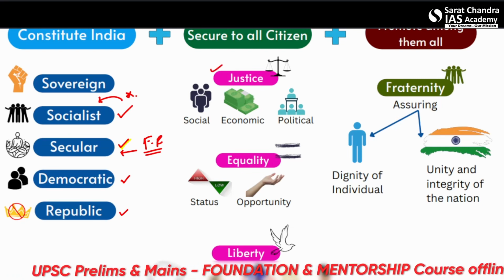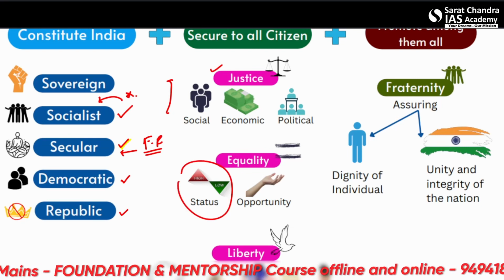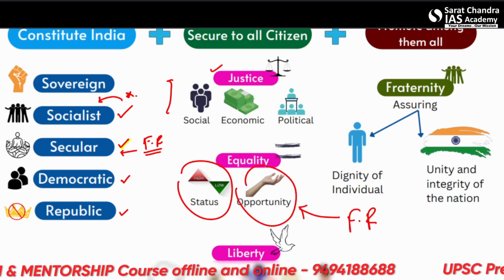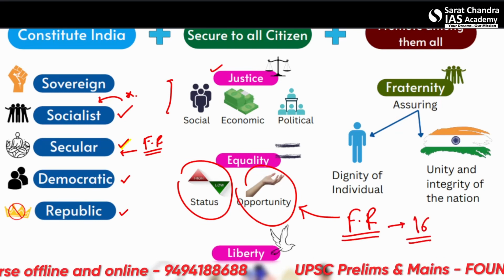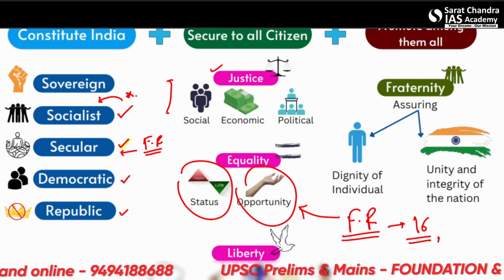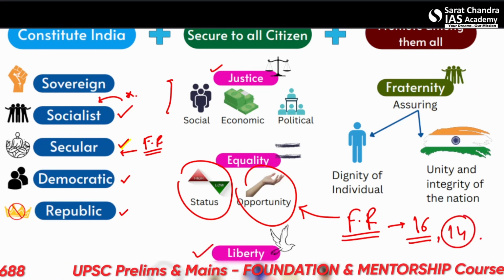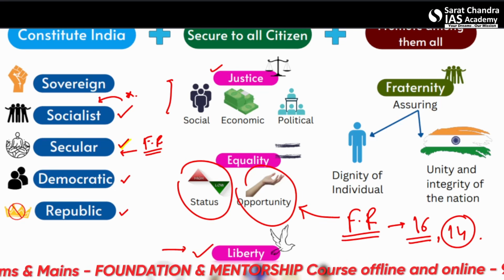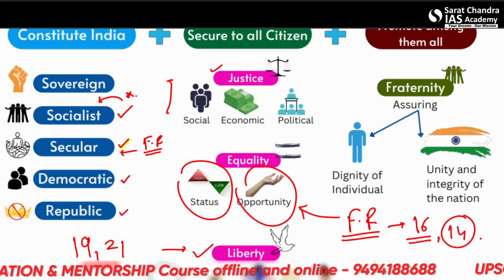Right. When we talk about justice, we saw this in DPSP as well as FR. The equality in status and opportunity we saw in the fundamental rights, in Article 16, alright. And we saw the equality before law in Article 14. We also see the liberty of belief, faith, worship, thought, movement in Article 19 as well as Article 21 in the fundamental rights.